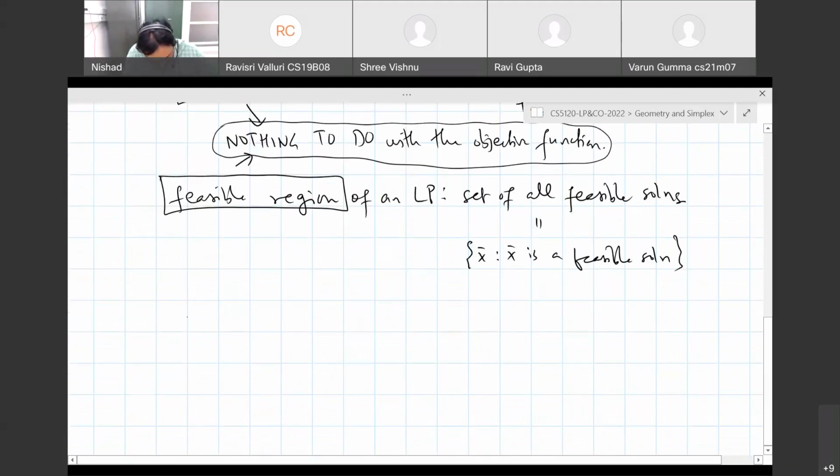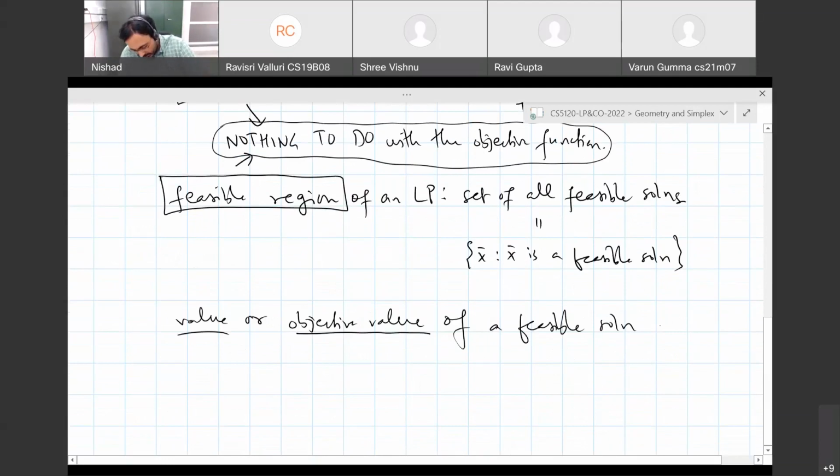So the value or objective value, generally I'll just say value, of a feasible solution is the value of the objective function attained at that feasible solution.